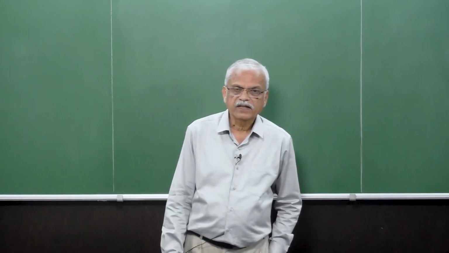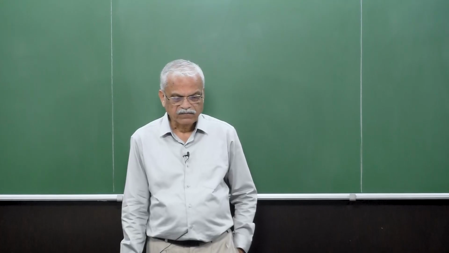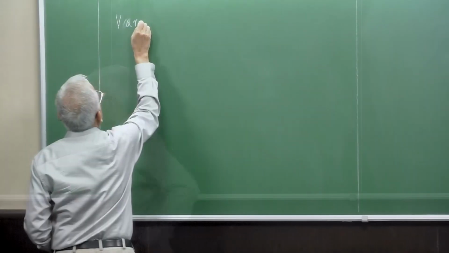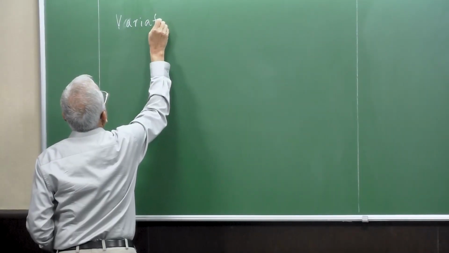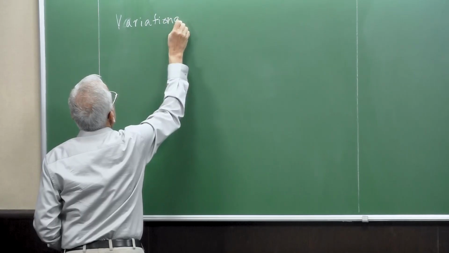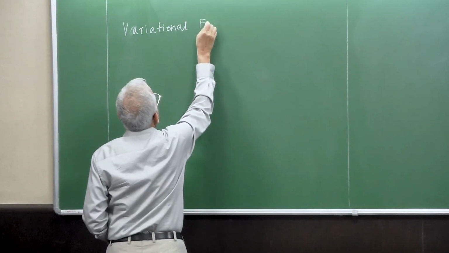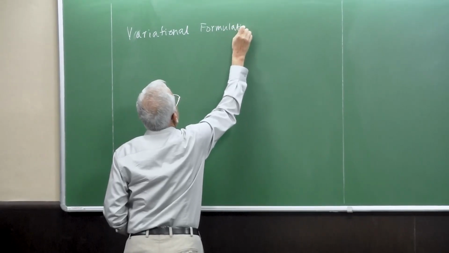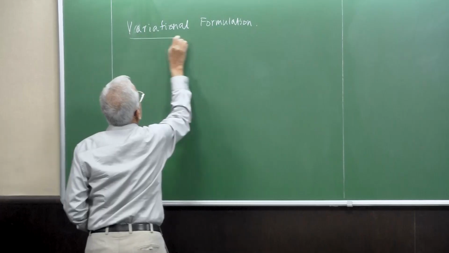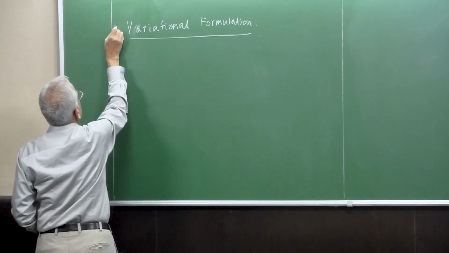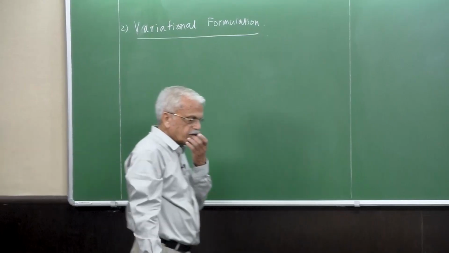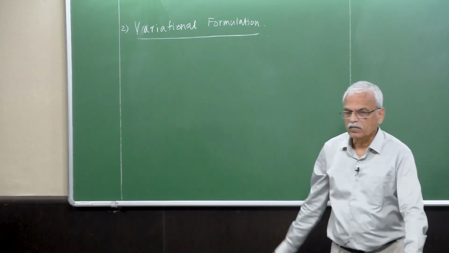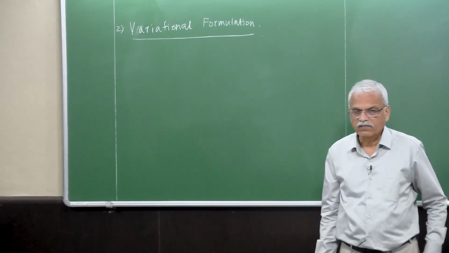Apart from that, there is another way of defining the problem, which is the variational approach. I call this the second one. The first one was the differential equation way of formulating the problem. Now let's look at the variational formulation.